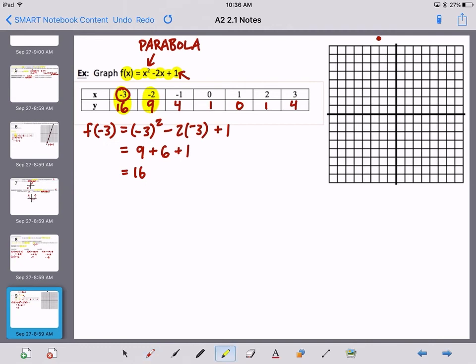If we plot -1, 4, we'll go left 1, up 4. 0, 1, go over 0, up 1. 1, 0 is right 1, up 0. And 2, 1, go right 2, up 1. And then 3, 4, we will go right 3 and up 4.